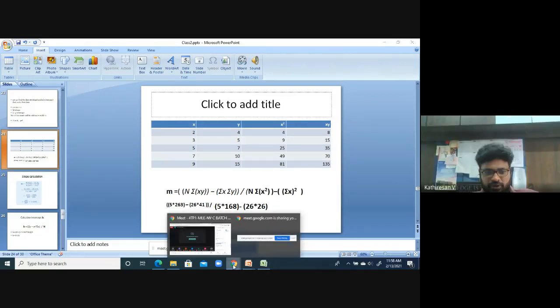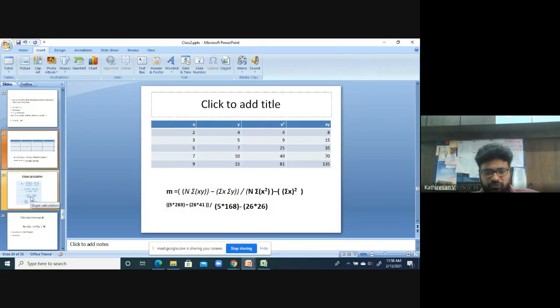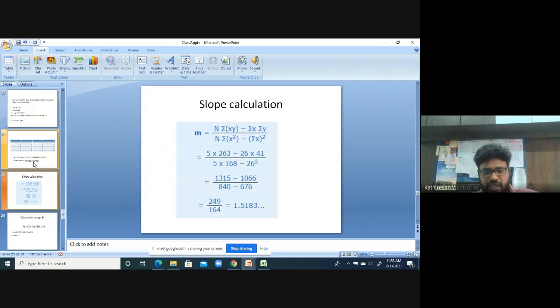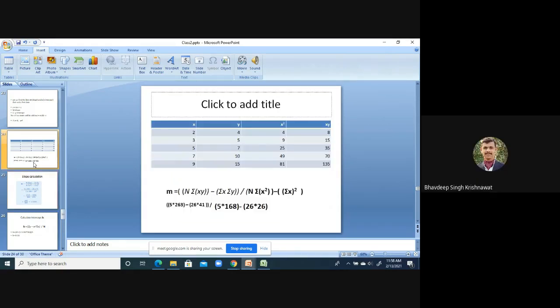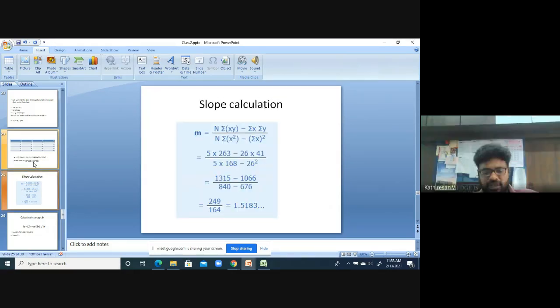If you go in this way, you can get m as 1.5. Yes, very good. So m is 1.5. After finding m, how do you calculate b?